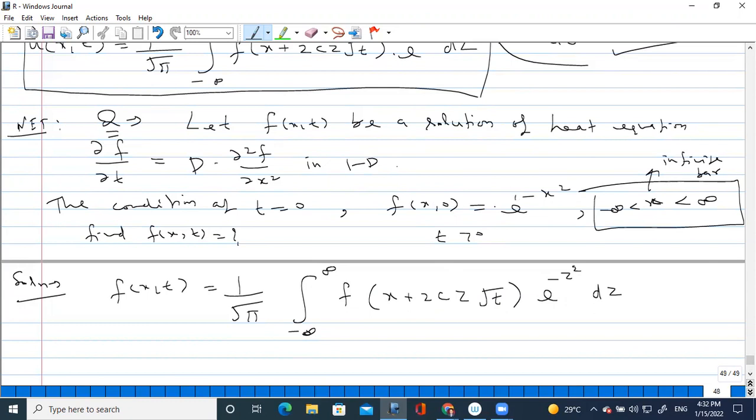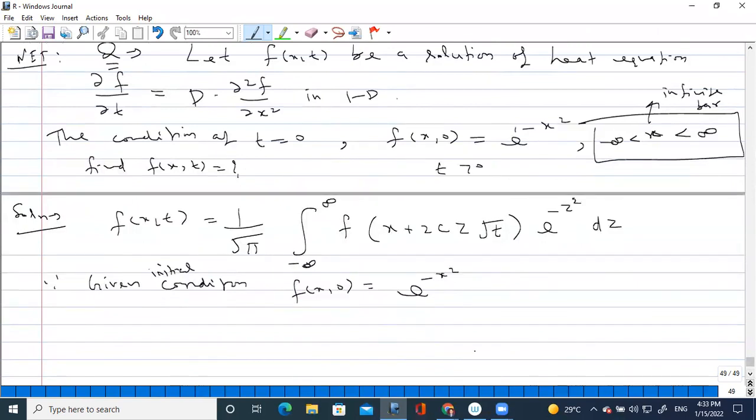Now this f(x) was not only this f(x). From here I will get this term, because of the given initial condition, f(x,0) is equal to e to the power minus x square. So from there only I have to take this.